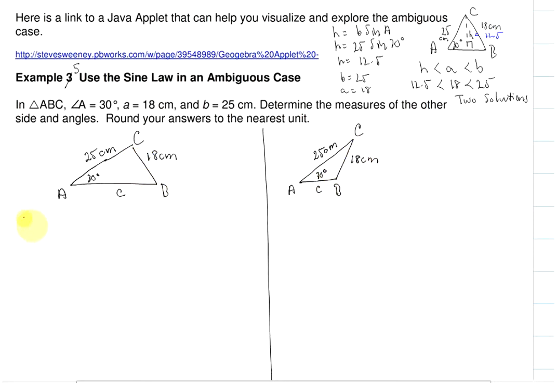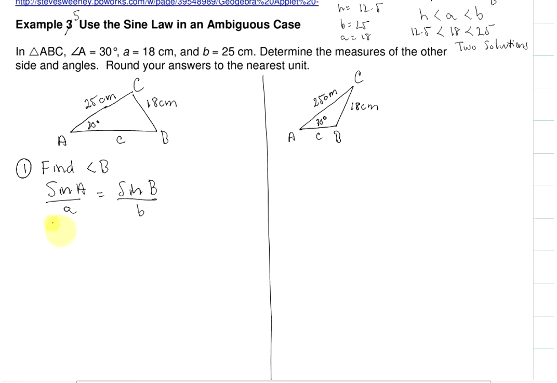So I'm going to start with angle B. Okay, and I'm going to use sine A over A, which is equal to sine B over B. And so sine of 30 degrees over 18 is equal to the sine of B over 25.